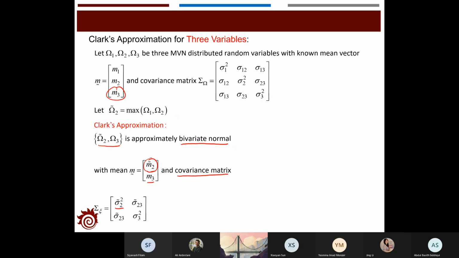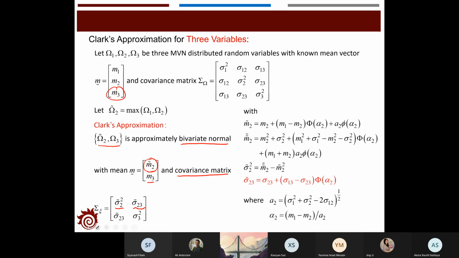This is the one we calculated in the previous page. For sigma 2 3 tilde, it's something we have to recalculate. Sigma 2 3 tilde will equal to sigma 2 3 plus sigma 1 3 minus sigma 2 3 times phi alpha 2. And alpha 2 equals m1 minus m2 divided by a2, and a2 is determined by this equation.